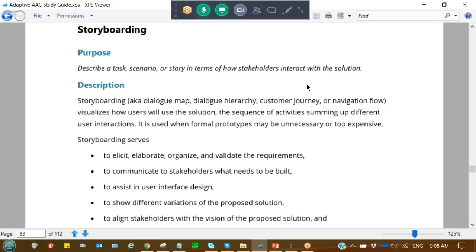I was trying to see that this is mentioned as a technique under Initiative Horizon in the IIBA Agile extension, but when I checked the Adaptive US IIBA AAC guide, I think it is not mentioned in the Initiative Horizon. So how should we comprehend the guide versus the Agile extension from IIBA?